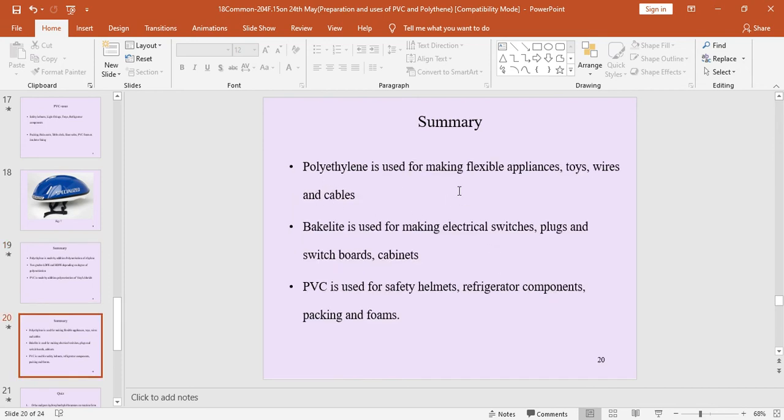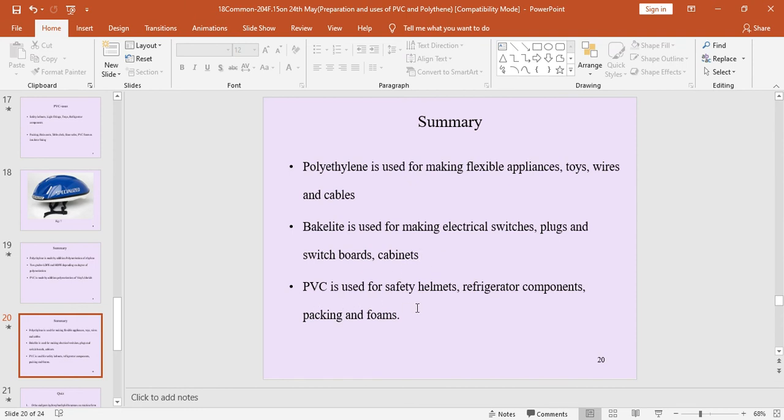Polyethylene is used for making flexible appliances like toys, wires, and cables. Bakelite is used for making electrical switches, plugs, and also switchboards. So bakelite is not an example of addition polymerization. Sorry.